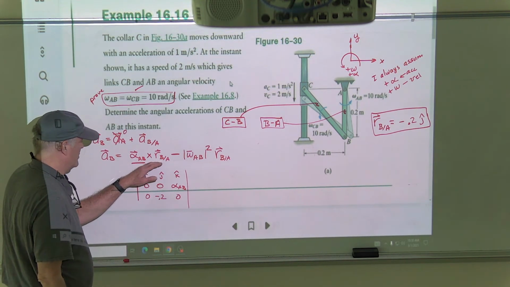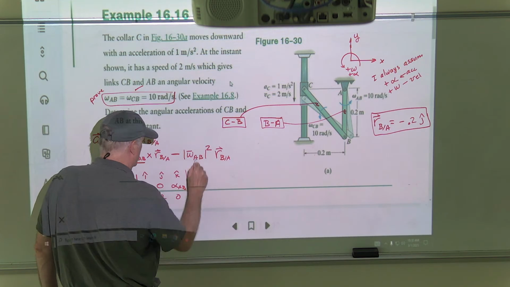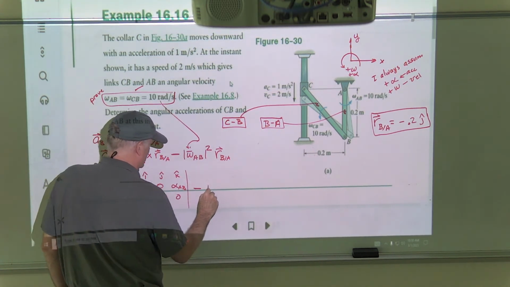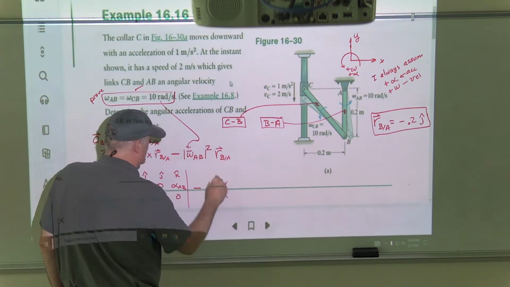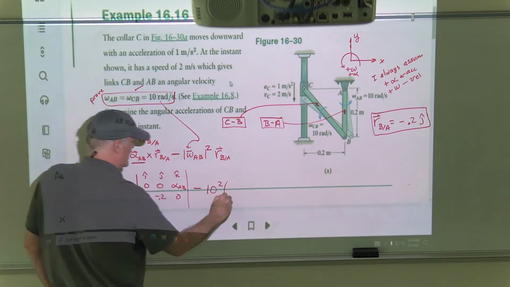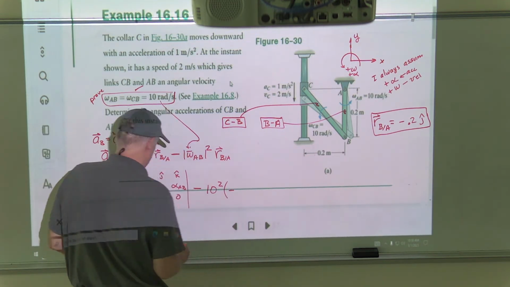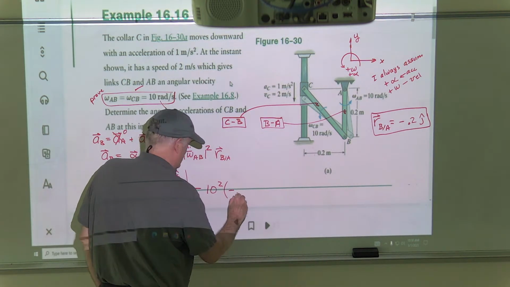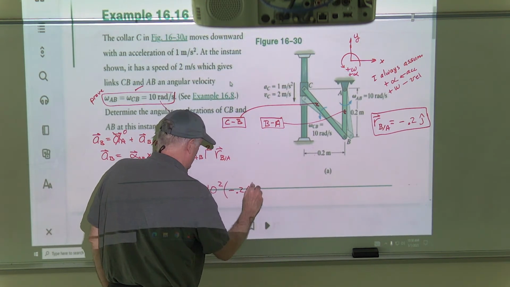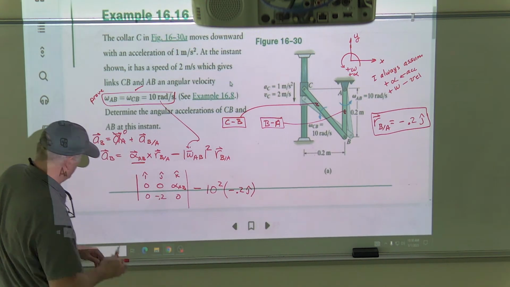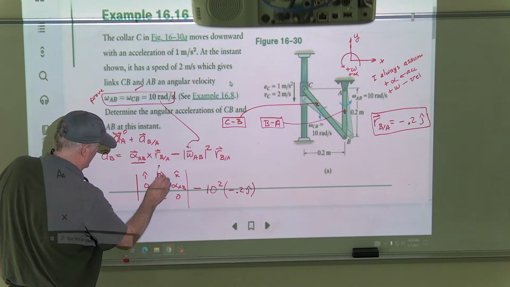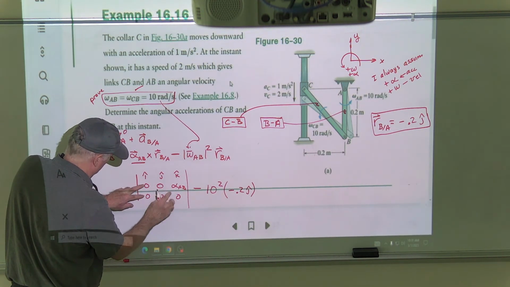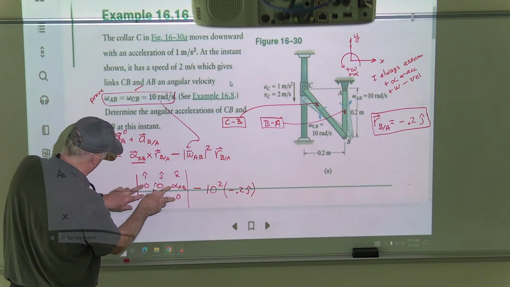So I've got that component. Now I'll subtract off, well, this was told to us to be that magnitude, so that's actually 10 squared times the vector that's right down here, which is 0.2, minus 0.2j. Now let's see. If I look at this, I go in the j component here and do a determinant of these two and these together, I get nothing.